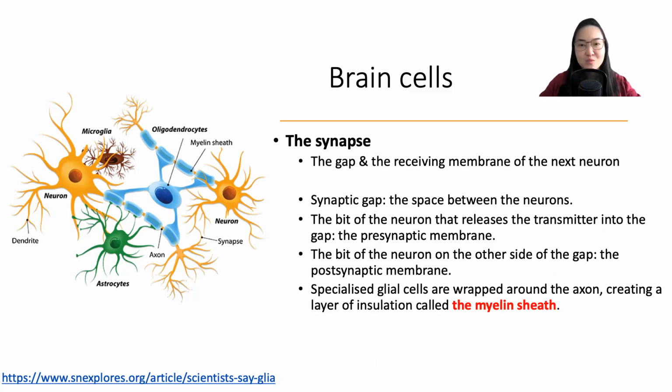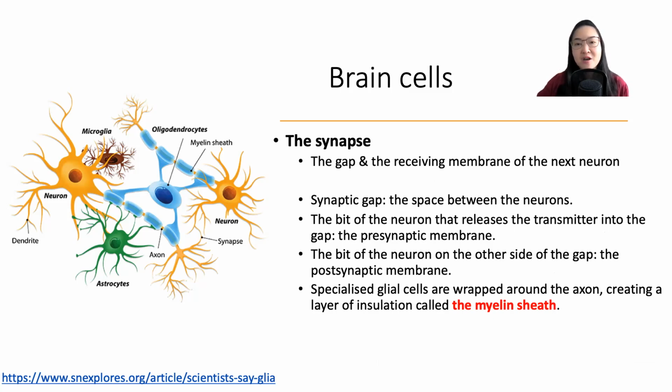The synapse is also part of the brain cells. You can see the picture of the synapse on the left-hand side. The synapse is the gap and the receiving membrane of the next neuron. The synaptic gap is the space between the neurons.